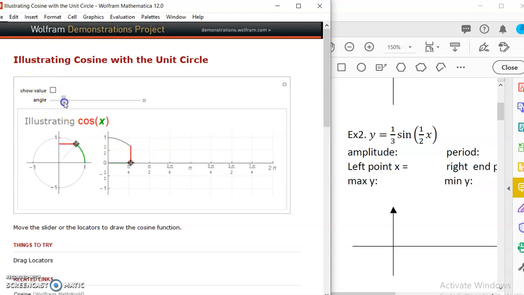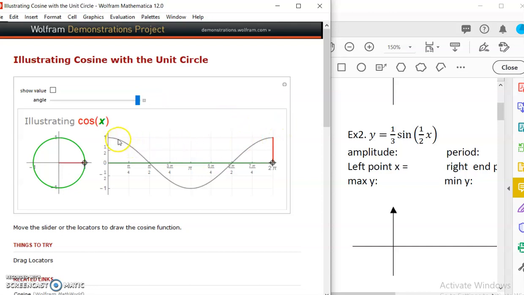If I gradually move to pi over 2, it would be 0, because this point is 0, 1 and the x value is 0. Then if I continue to move to pi, it would continue to drop to -1. So the cosine graph starts off from 1, goes to 0, and then down to -1, and then at 3 pi over 2 goes back to 0, and at 2 pi it goes back to 1.